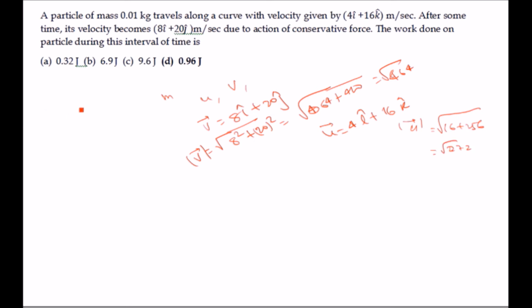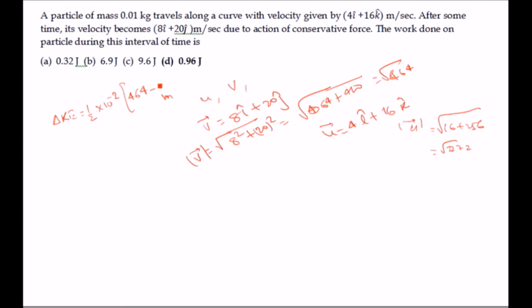Now you calculate the change in kinetic energy. Delta K is equal to 1 by 2 m, with m equal to 10 to the power minus 2, times v squared minus u squared, which is 464 minus 272.